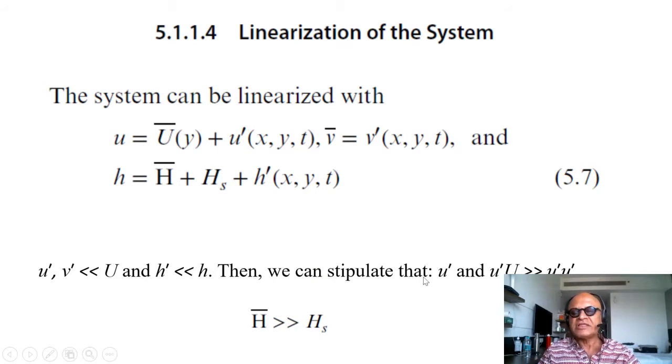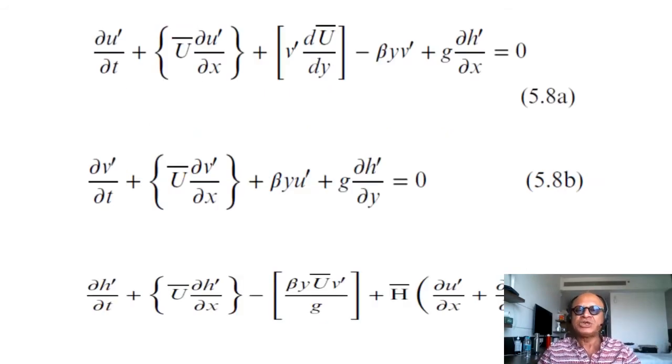Then we can stipulate that u prime and v prime times u are much greater than the perturbation terms squared. And we assume that the mean depth h bar is much greater than the meridional slope, which is giving us the background geostrophic flow in the zonal direction. Okay, for linearization we need that.